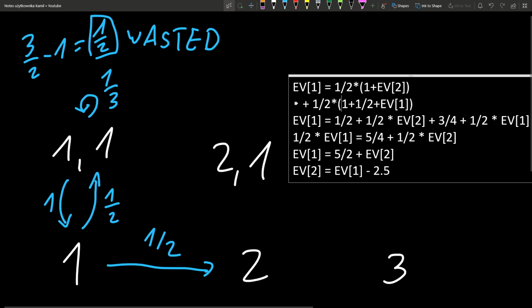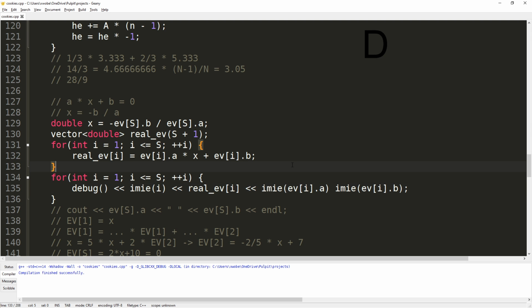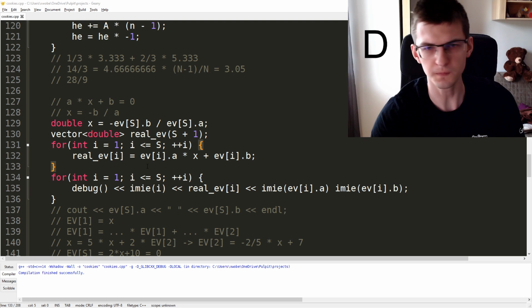I will multiply both sides by half. So this will be cancelled. This will be 2 times that. And now I have 1 plus EV2 plus 1.5. So EV2 plus 2.5. It should be 2.5. Something is wrong in code, and it incorrectly computes 2.